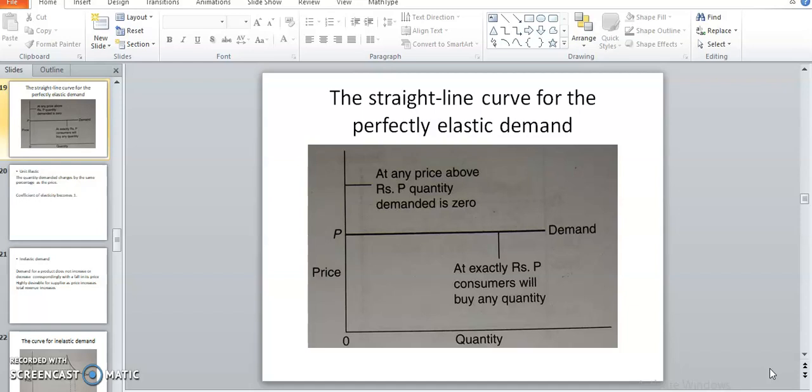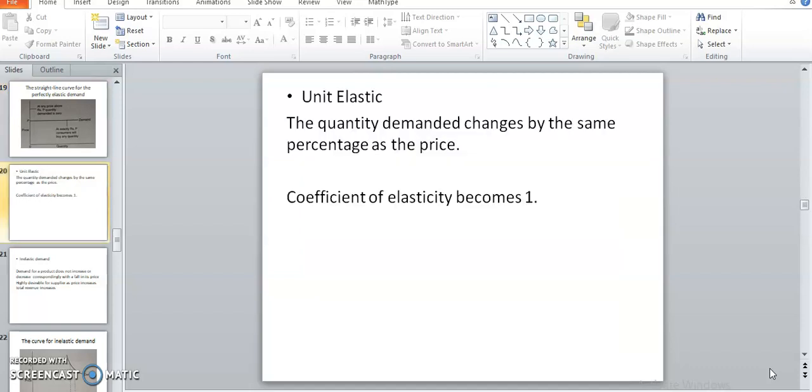Such a graph or pattern is called perfectly elastic demand. These are the different demand curves for different elasticities of demand that we can observe here.